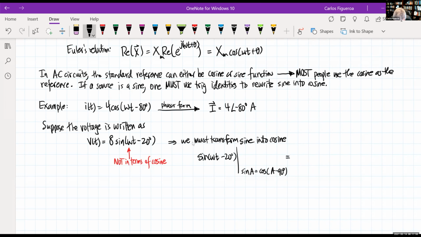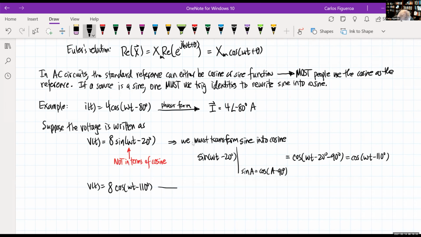But if I do this, then I have to add that phase of 90 degrees. So now I have a cosine function, which will be 20 plus 90, which really means cosine(ωt minus 110 degrees). So in other words, v(t) is really 8 cosine(ωt minus 110 degrees).